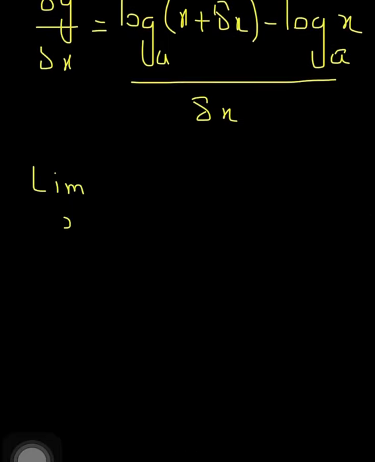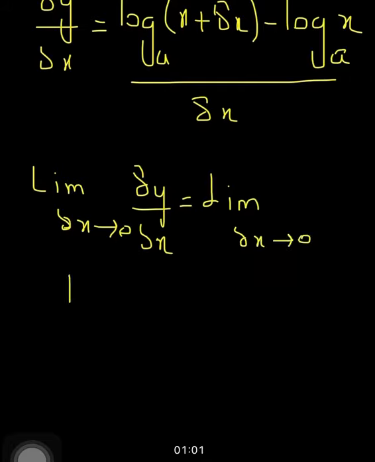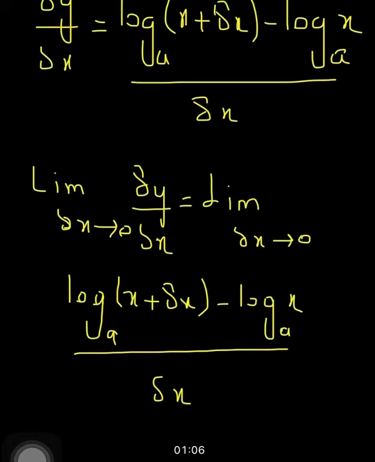Now I apply the limit on both sides, so limit del x approaches 0, del y over del x equals limit del x approaches 0, log base a of x plus del x minus log base a of x divided by del x.